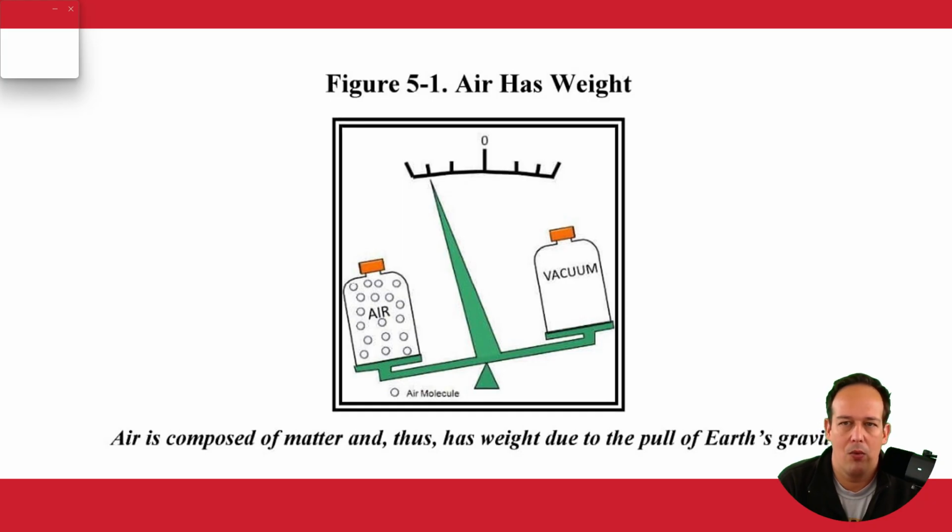In the atmosphere, at the top there's very little air, so it has very little weight. But as we get closer to the surface, it's all that air sitting on top of other air, pressing down onto the surface, onto us, and we call that pressure.